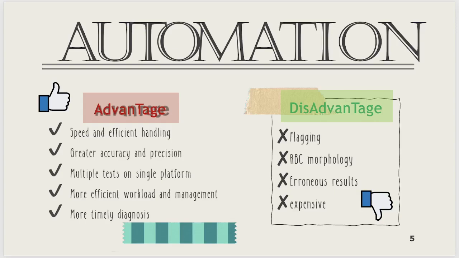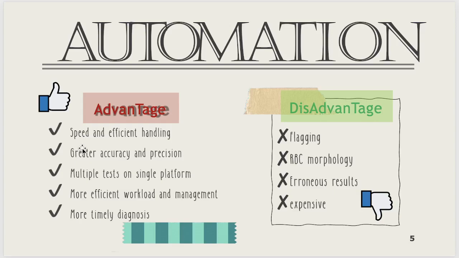So as a general overview about automation, Doc, what are the advantages versus disadvantages of automated machines? We all know, of course, number one advantage, speed and efficient handling, most especially if we are talking about a large number of samples.